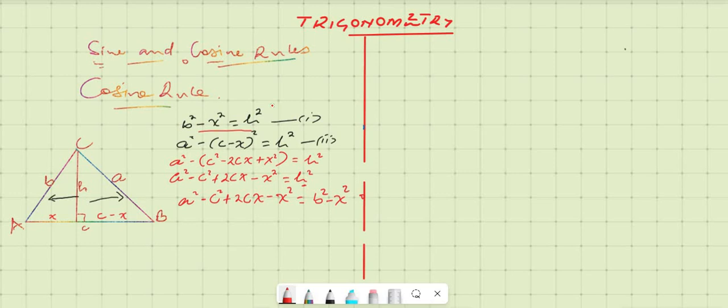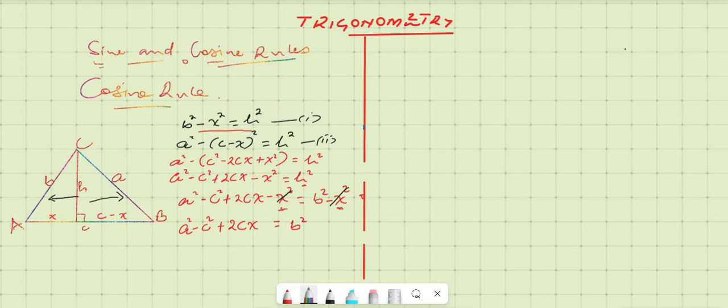Try to collect like terms. If you try to move this one and this one, both of them being negative, you see that this can cancel on that one. So what we have now is a squared minus c squared plus 2cx is equal to b squared.